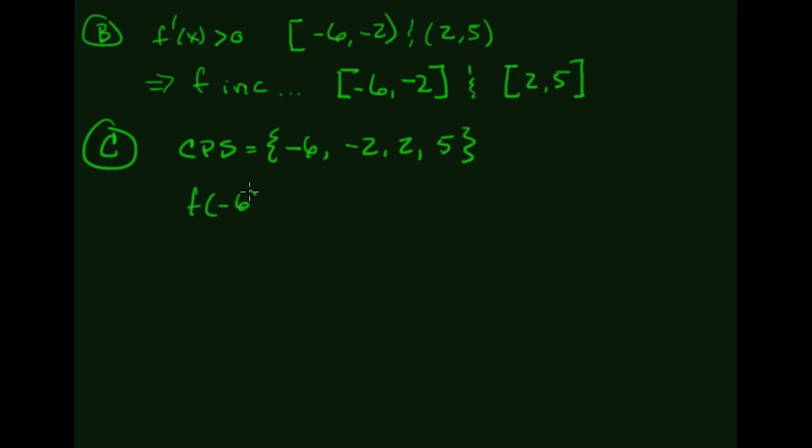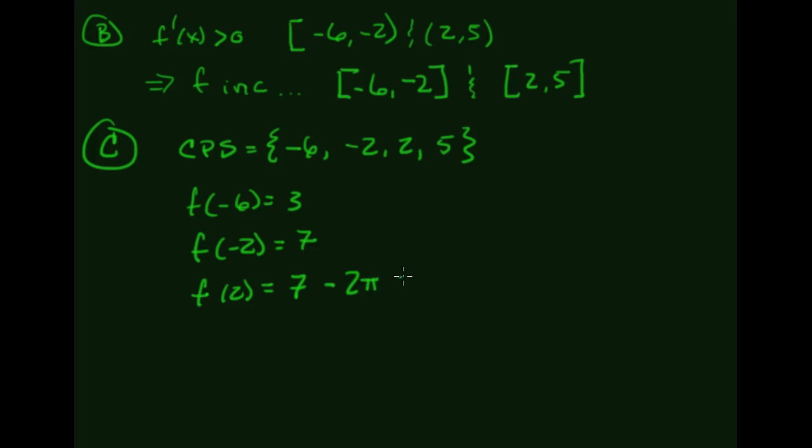F of -6 we already found was 3. F of -2 we're given, that's 7. F of 2, well, if you think about that, that's going to be that quarter circle again. Or that half circle. So you're going to take the 7, and then you're going to subtract the half circle.